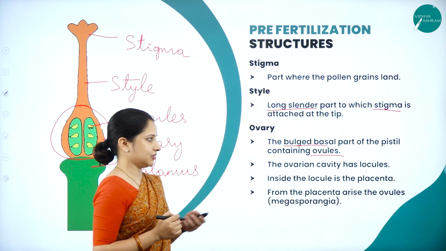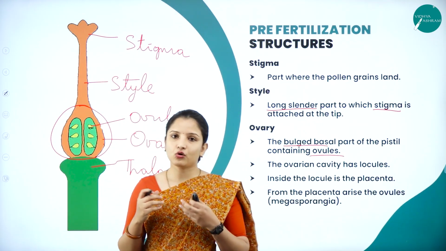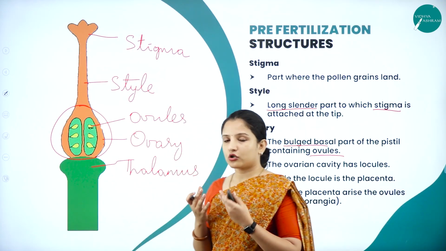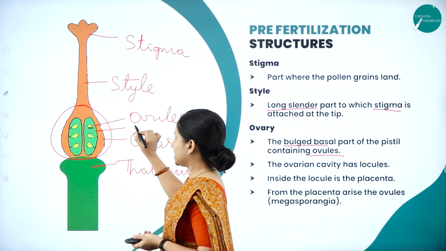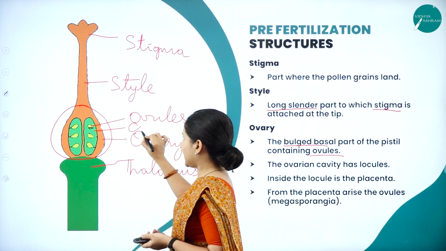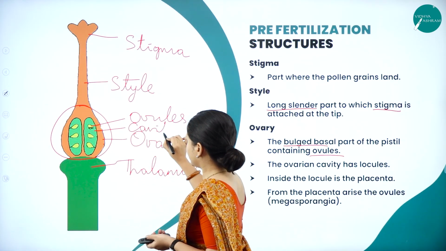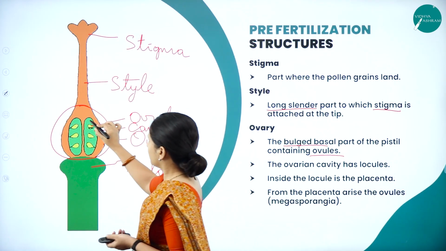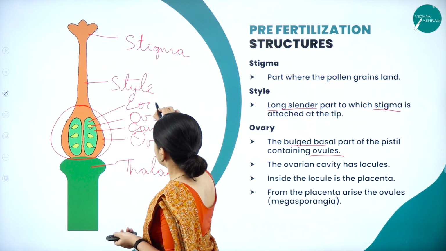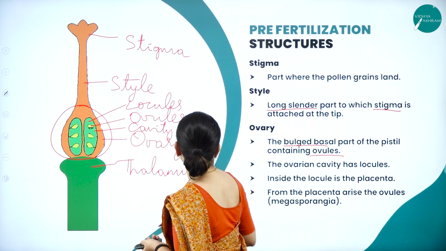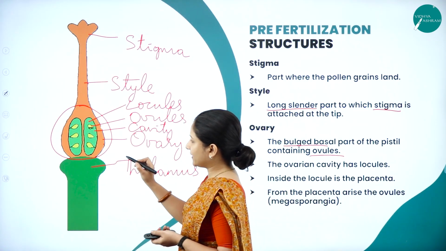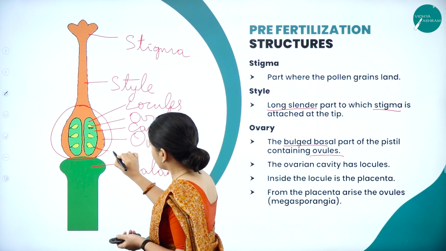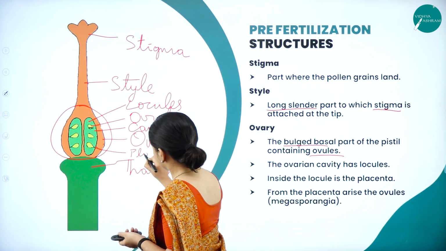When you take a cross section of the ovary, you can see locules or a cavity being present. So you have the ovarian cavity, and you have locules like this, and inside the locule you will have the placenta. You can see here clearly, this is the placenta.